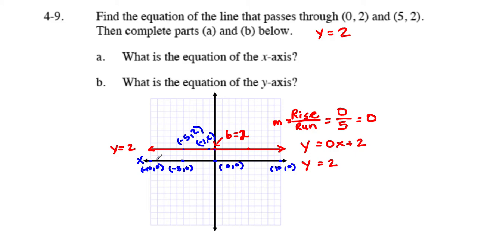I'm not trying to beat a dead horse here, but I'm trying to make sure we get the point across, because a lot of students forget this. Look at what each of these points has in common. Well, it's that y value. That y value is 0. So our equation for the x-axis would be y equals 0. The equation of the x-axis is y equals 0.